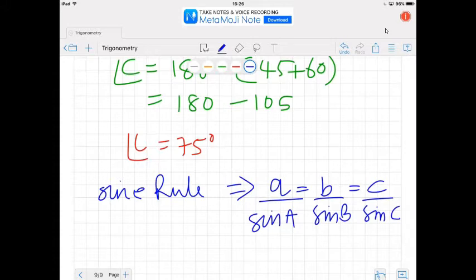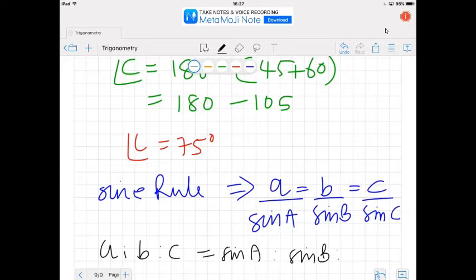So by the sine rule, I can say that the ratio of the sides of the triangle ABC, that is a is to b is to c, are equal to sine of capital A is to sine of capital B is to sine of capital C. ठीक है? All right.